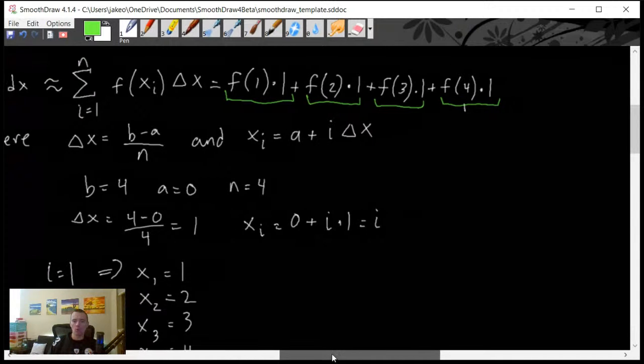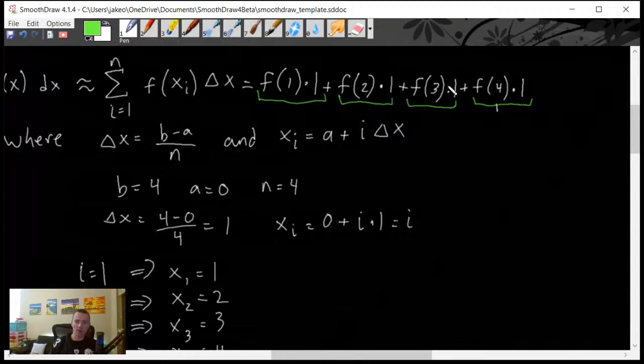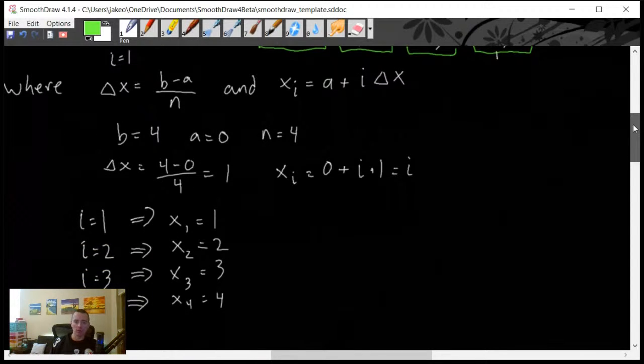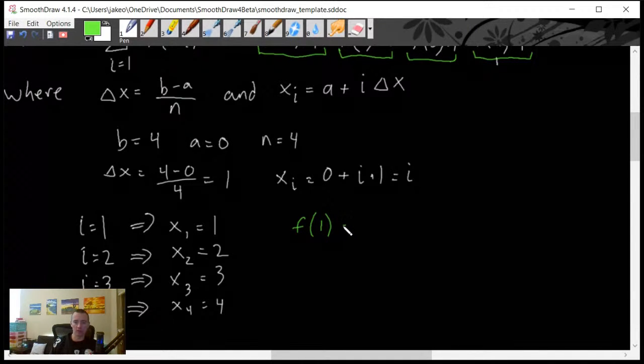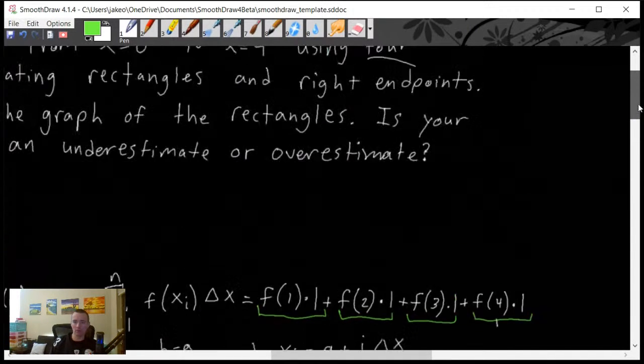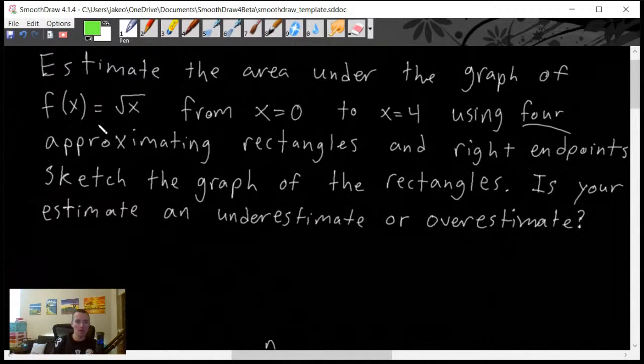So what we need to do then is figure out f of 1, f of 2, f of 3, and f of 4. Well, to do that, all we would do is take 1, plug it into our function f of x, which, remember, the function that we were given, the f of x that we're trying to estimate the area under, is the square root of x.